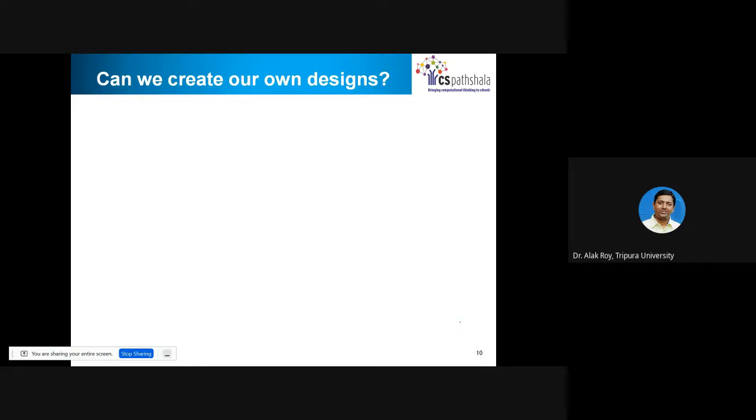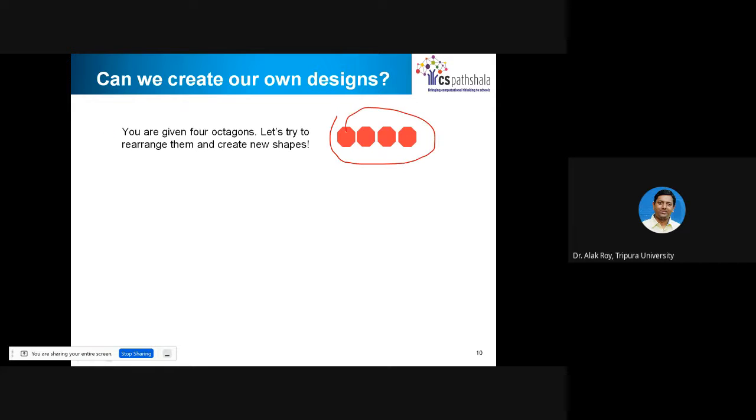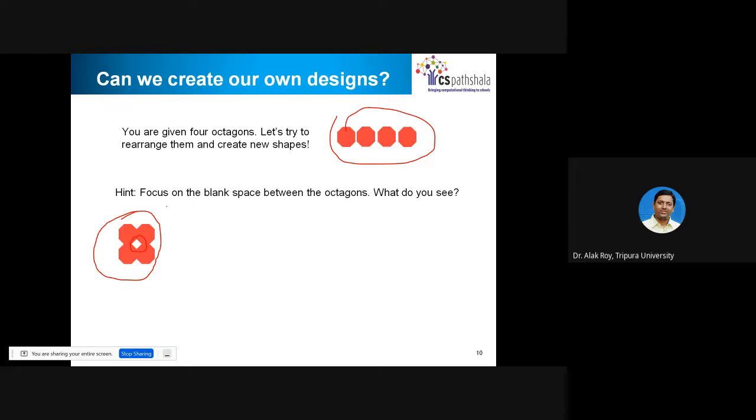So we can use another example like, you are given four octagons. Okay. Let's try to rearrange them and create new shapes. Okay. So after arranging them in this way, you get a diamond shape. Okay. So focus on the blank space between the octagons.